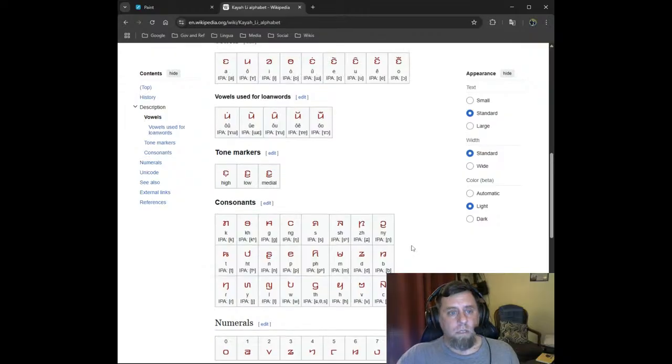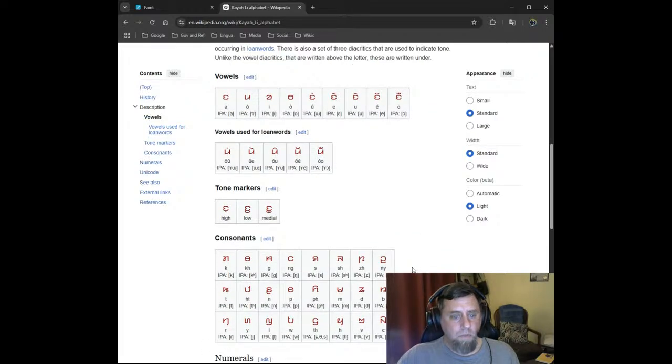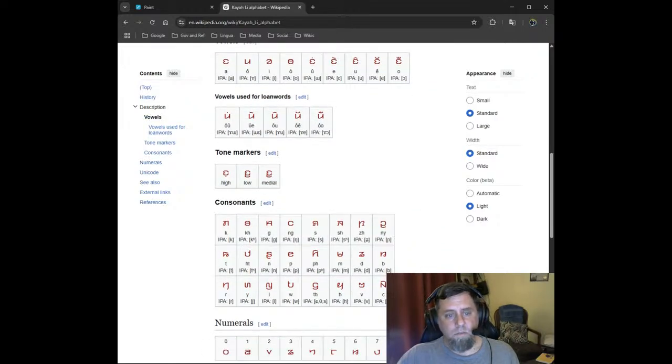And you can even see that the K, the NG, and where was the P? The P is somewhat similar to some Brahmi symbols. The NY, this looks very much like it came from Burmese, right? The Burmese circle script, I'm sure everyone's familiar with.